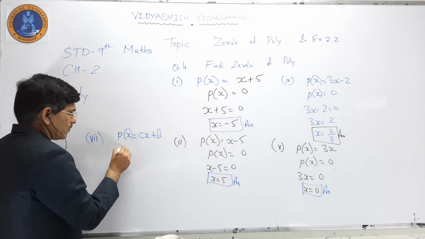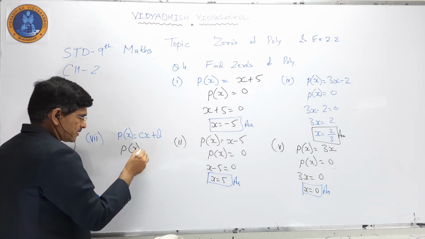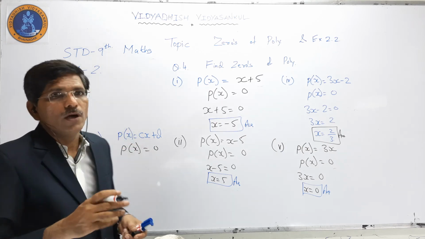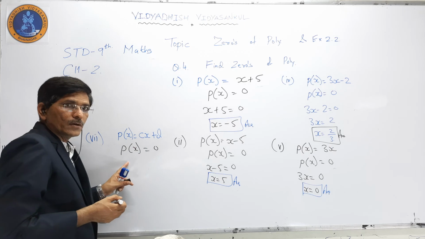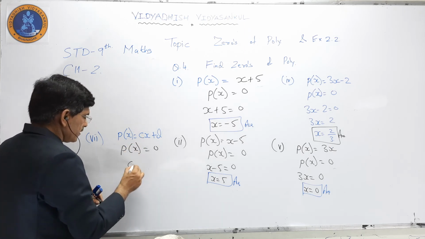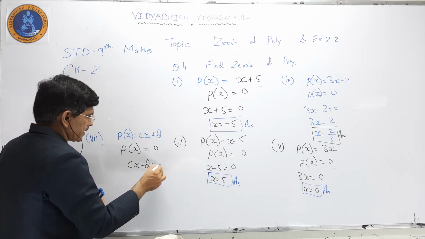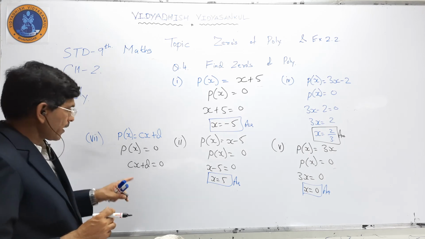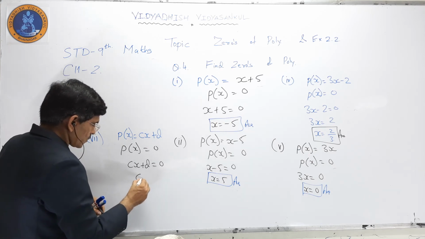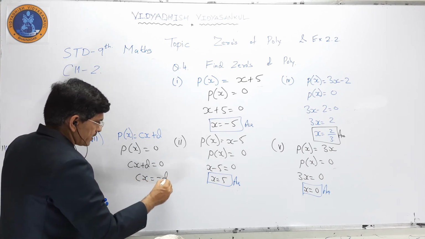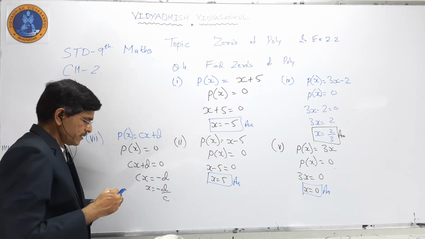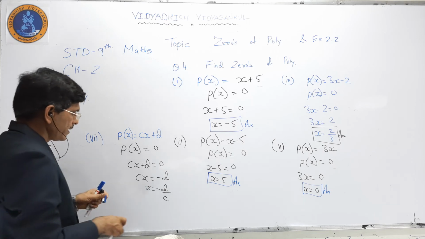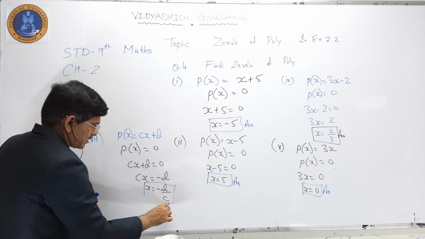P of x is equal to 0 because we want to find the zero. Now I write Cx plus d. So Cx is equal to minus d. Therefore x is equal to minus d by c. That is my answer.